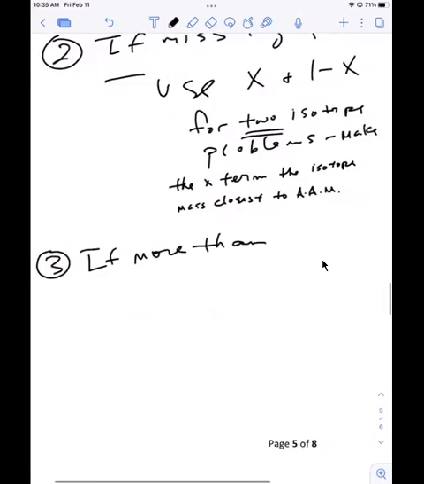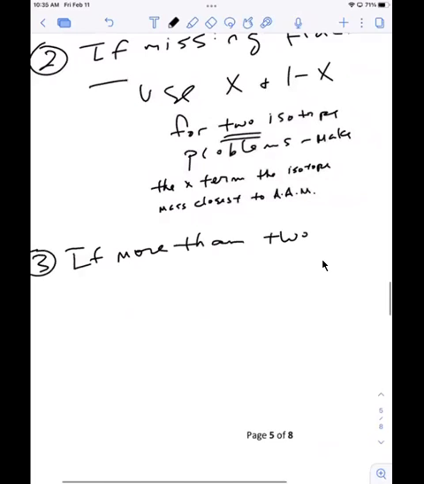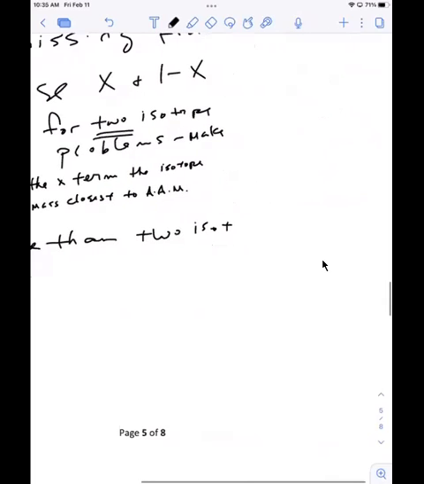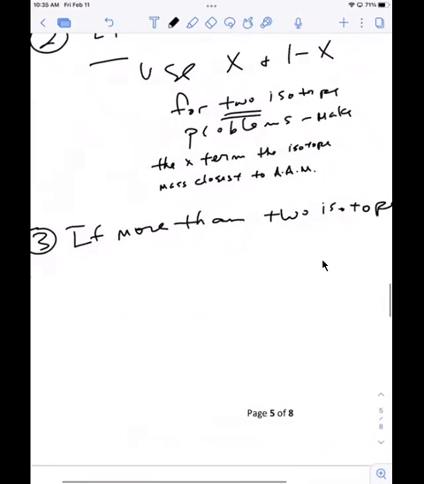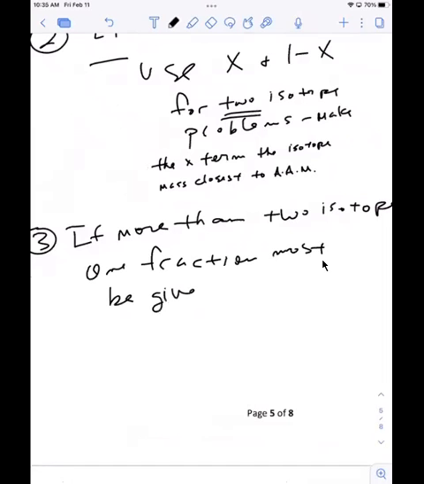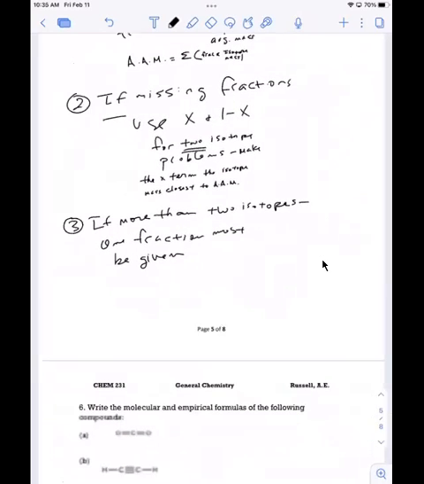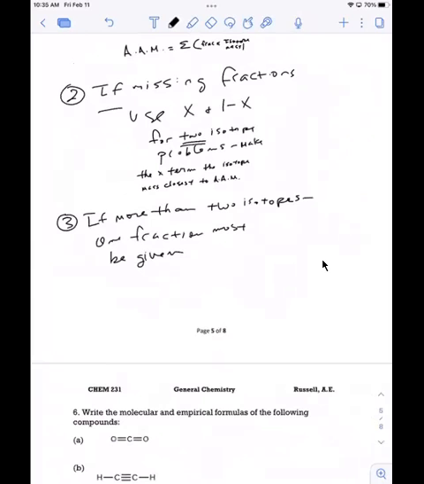So if you have more than two isotopes, you have to have at least one fraction, and then you can solve for the other two.